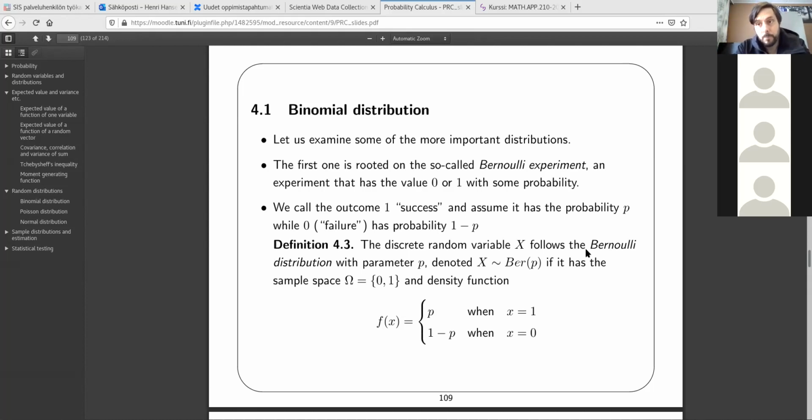If the probability is different, then it's a different distribution, so it's not all the same. Okay? So in any case, the Bernoulli experiment is basically the simplest possible experiment, and the related Bernoulli distribution is probably the simplest possible distribution.